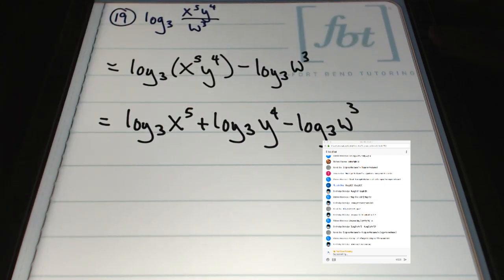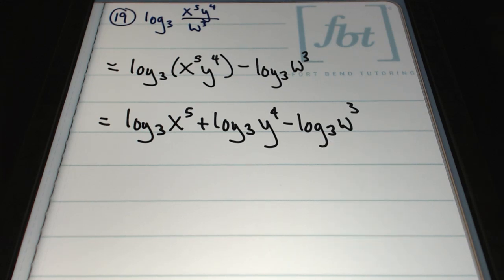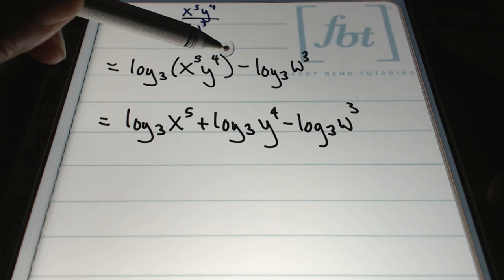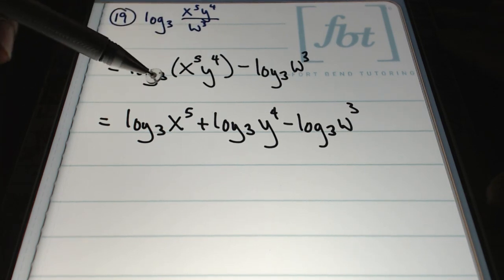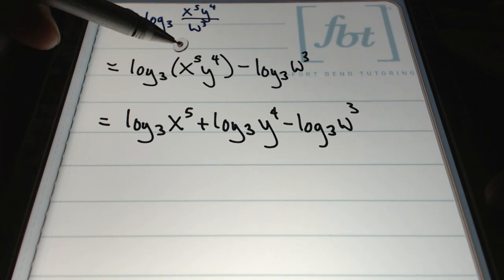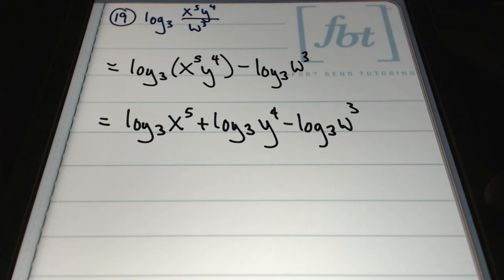Notice the first thing that we did here is rewrite this using the quotient rule for logarithms, and then we used the product rule because we had x to the fifth power multiplying y to the fourth power. Now all of our exponents will become coefficients.